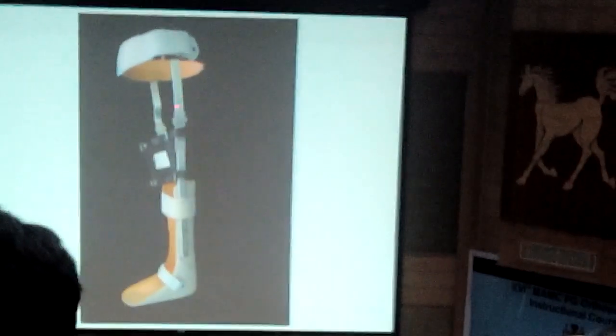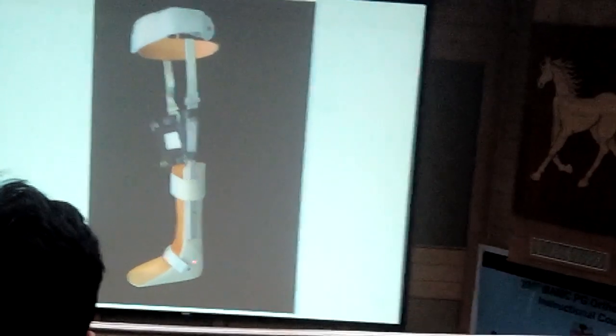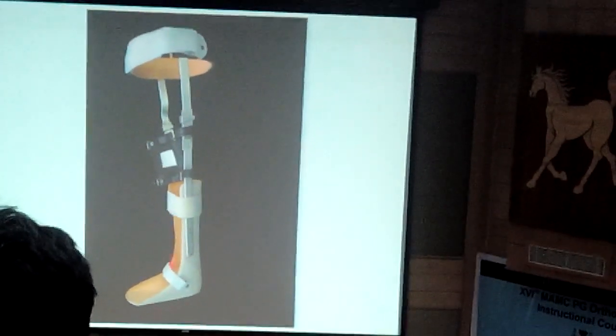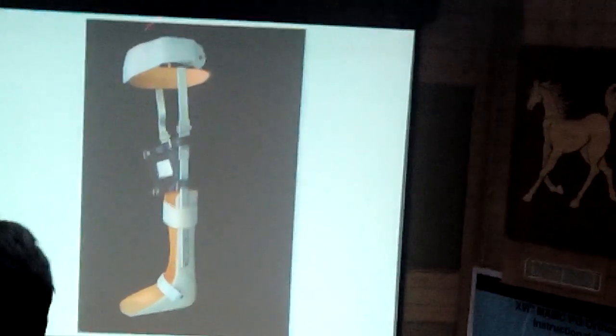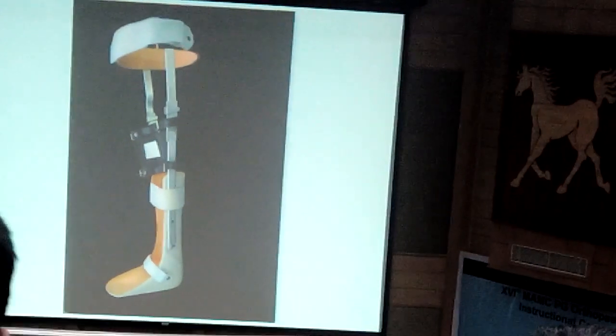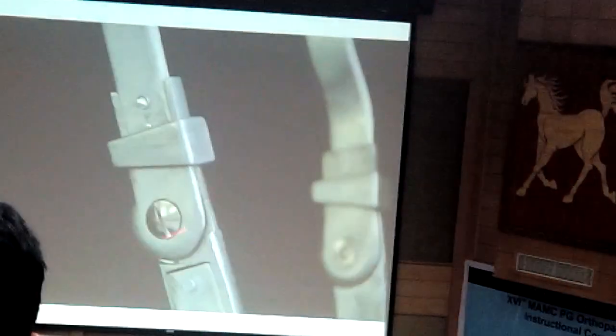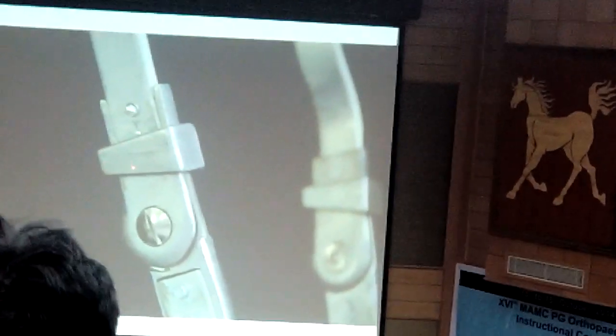That's simple. When the same thing is extended up, it becomes a knee ankle foot orthosis. Same thing. This is the rigid AFO. Added to that are these two bars with a joint there and a high band. That becomes a knee ankle foot orthosis. So in the knee ankle foot orthosis, again you have a knee joint. This is called a drop knee lock.